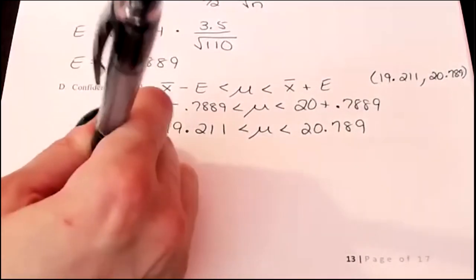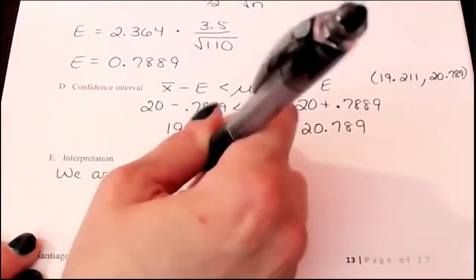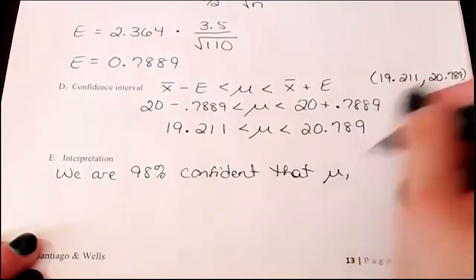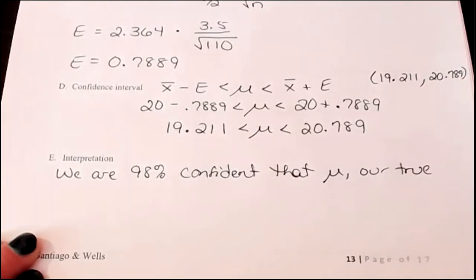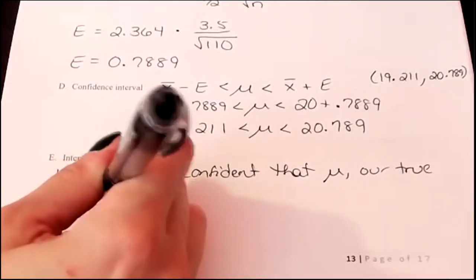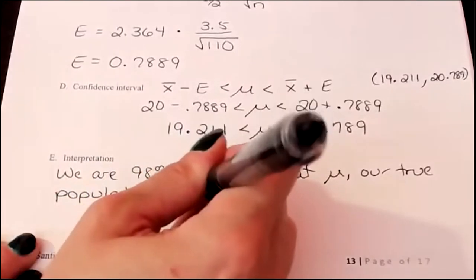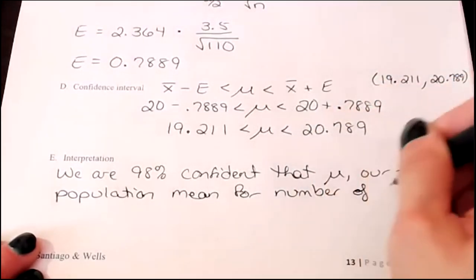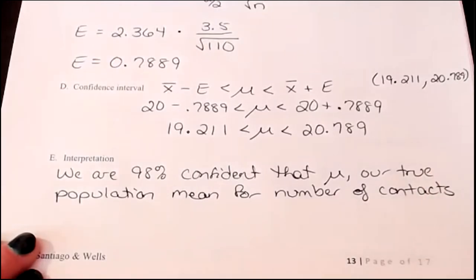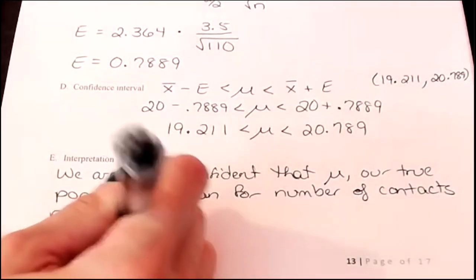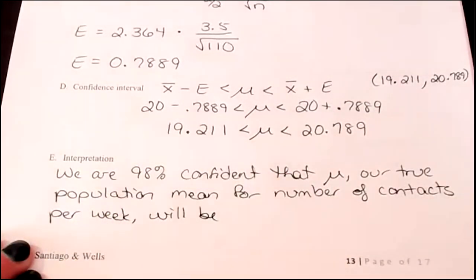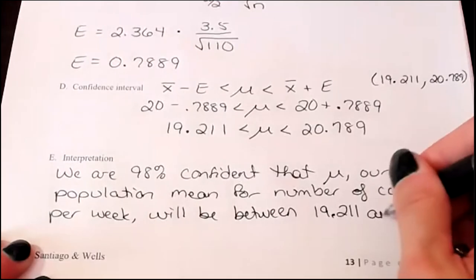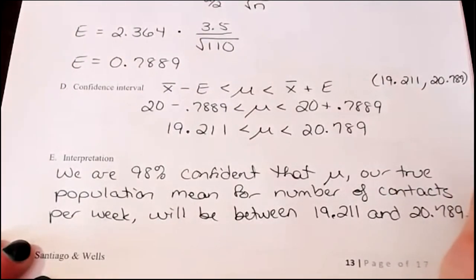So we are 98% confident that mu, our true population mean, for number of contacts per week will be between 19.211 and 20.789.